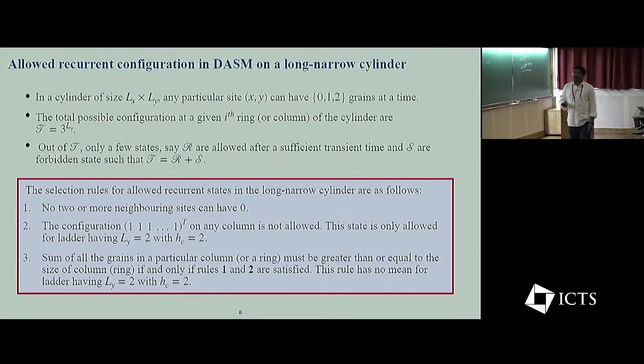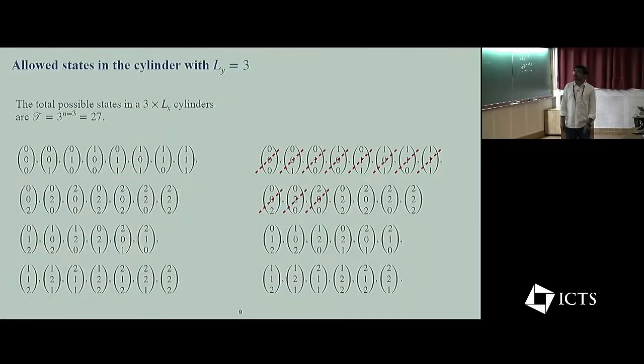And in each ring, the total number of grains must be greater than or equal to the size of that ring. For example, for a 3×Lx cylinder, we will have 27 states.